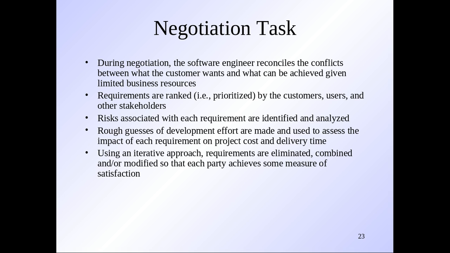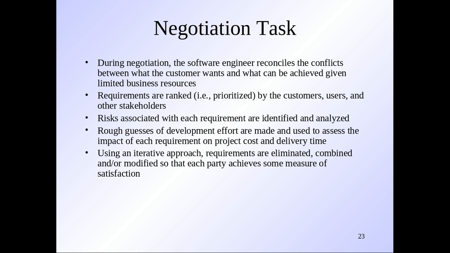The risk associated with each requirement will be identified and analyzed. That means risk assessment is also done in the negotiation task. A rough gauge of development effort is made to assess the impact of each requirement. Now we have to understand that each requirement has a cost and delivery time.